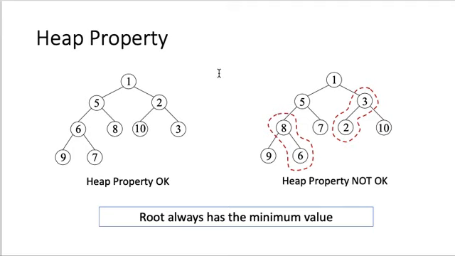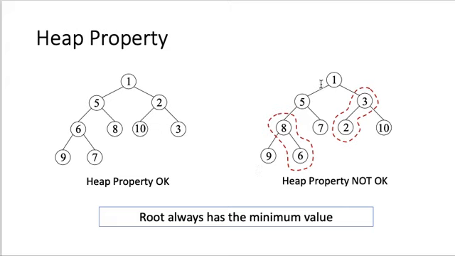Now, how about the heap property? Here we have an example such that inside the nodes there are values stored. On the left hand side, if you check every node, for instance this node, the value inside the node is smaller than or equal to the values inside any of its children. So on the left hand side, the numbers are filled so that they satisfy the heap property.